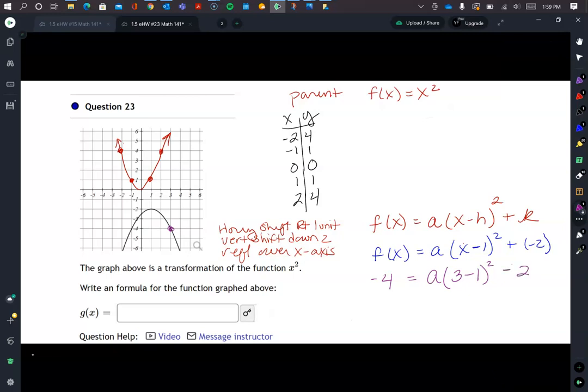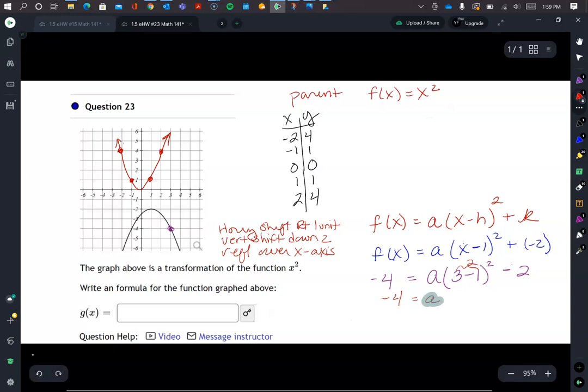Then this 3 minus 1, we can calculate that out. That's 2. So now I can solve this for a. Negative 4 equals a, and 2 squared would be 4, so that's 4a, minus 2. Add 2 to both sides: negative 2 equals 4a.